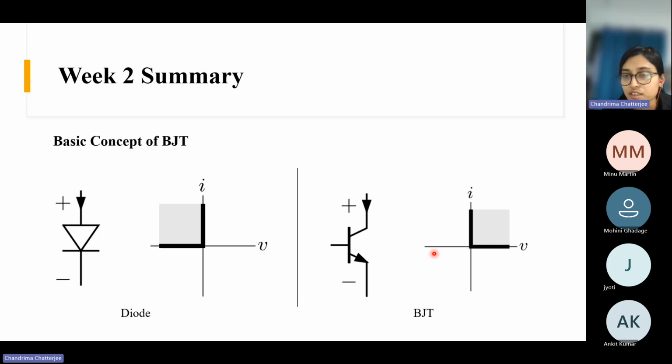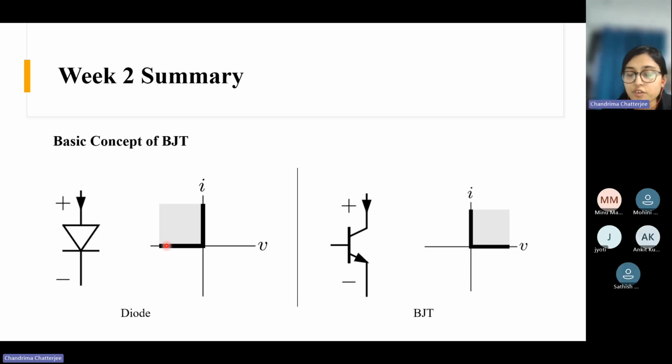If you see these characteristics, for the diode the voltage locus was the negative x-axis, but for the BJT this locus is the positive x-axis, meaning the BJT can block voltage in the forward direction, and it can carry current in the forward direction as well, in the positive direction.